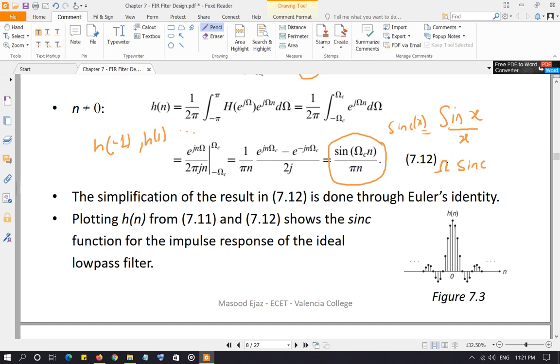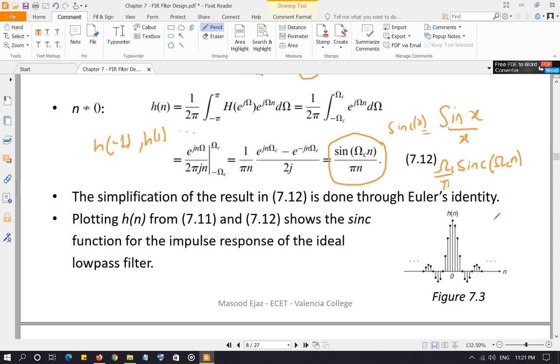That means we'll have to multiply and divide by omega c. So omega c over pi sinc omega c n. If you want to write it down in terms of the sinc function, this is how it's going to be written.